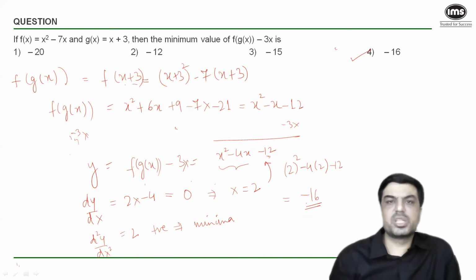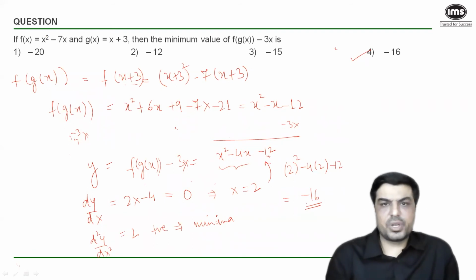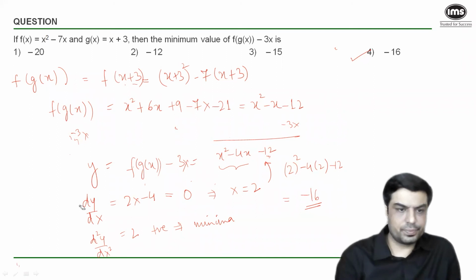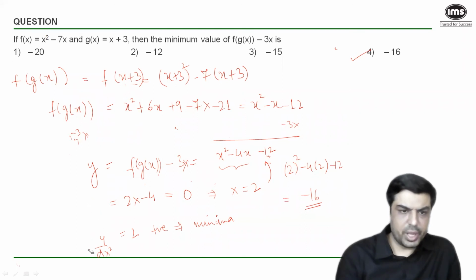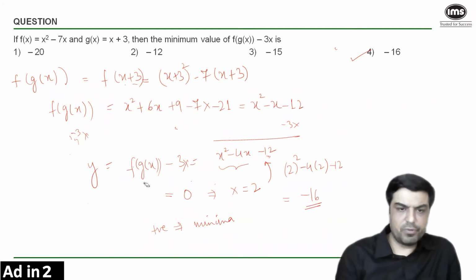That is obviously the same answer that we got after completing the square. So this was the second way of solving this question, by making use of differentiation. Now let's look at another way of solving the same question.